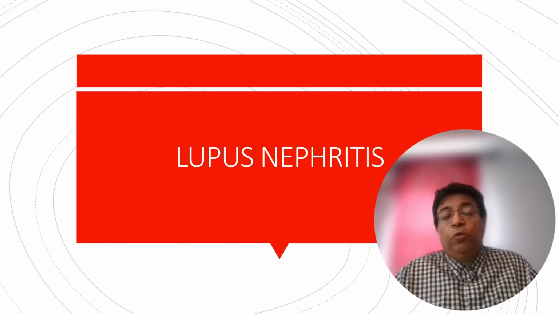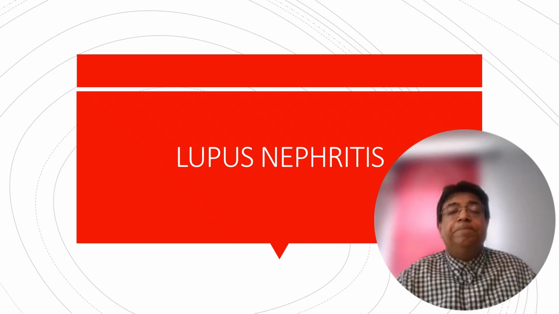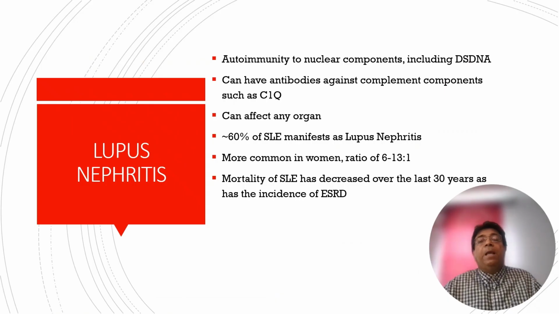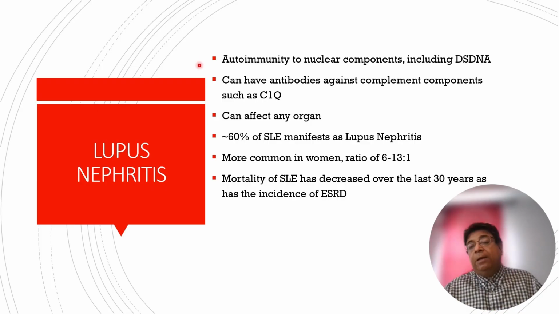Let's talk about lupus nephritis. What is lupus nephritis? In lupus nephritis, you develop autoimmunity to nuclear components, specifically anti-nuclear antibodies, and a specific type of anti-nuclear antibody, which is antibodies to double-stranded DNA.